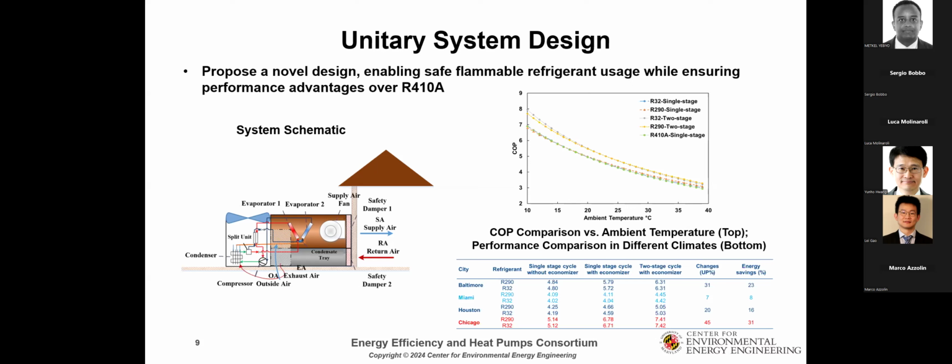It is observed that the system COP decreases with ambient temperature increase. In addition, the two-stage cycle has better performance than the single stage, by around 1% at 35 degrees Celsius ambient temperature.